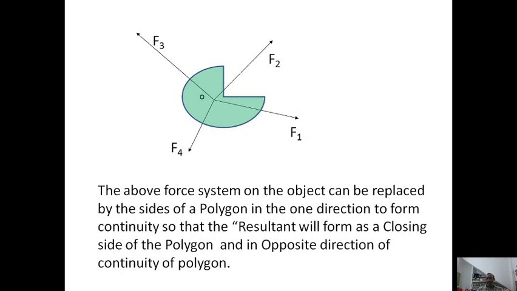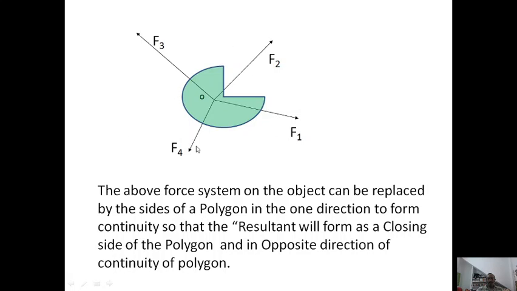In the earlier laws, that is the parallelogram law of forces and the triangle law of forces, we were dealing with only two forces. In Lami's theorem, we dealt with three forces. Now in the Polygon law, n number of forces can be dealt with. We just need to make them the sides of the polygon, as we did in the triangle law of forces.